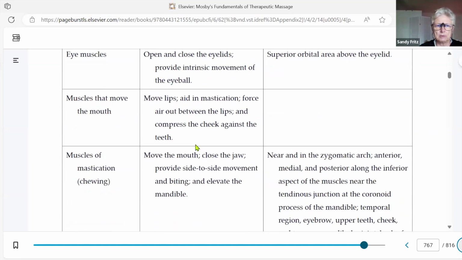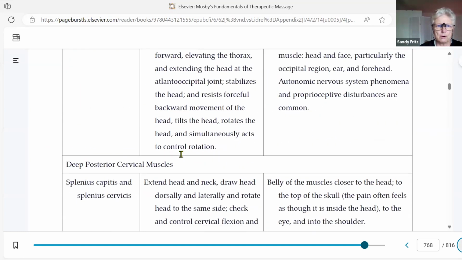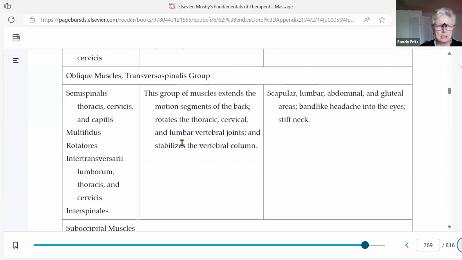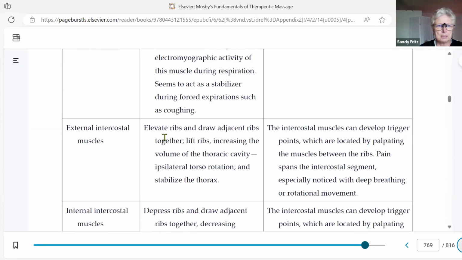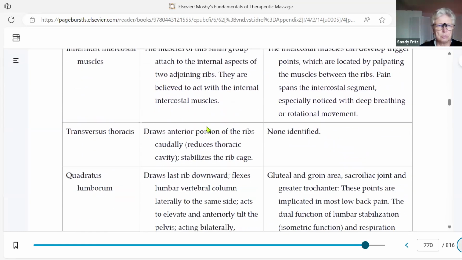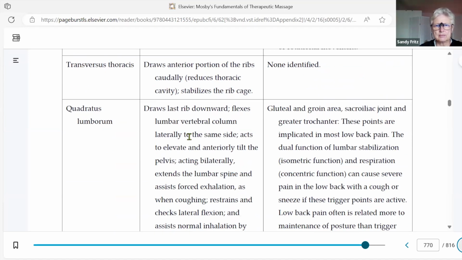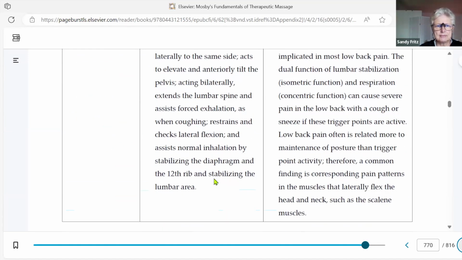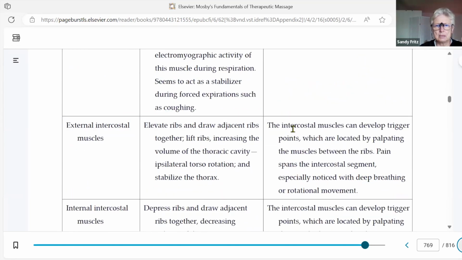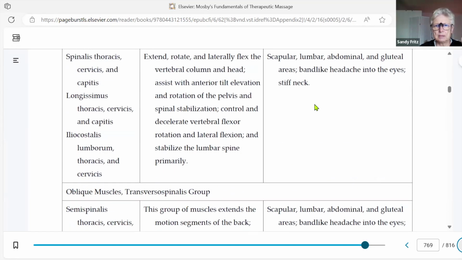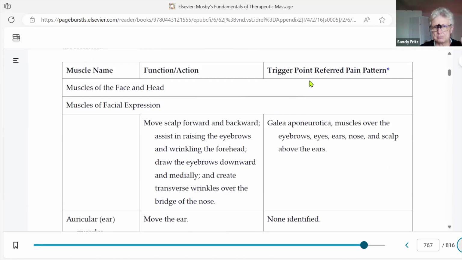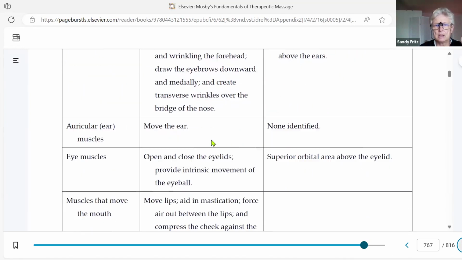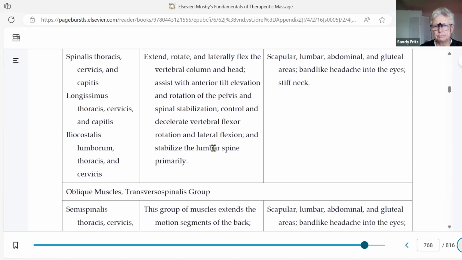And then it goes down through in chart form. So here's quadratus lumborum, and it tells you what it does. And then the other column is the common symptom, if it's creating symptoms, trigger point, referred pain pattern. So this is really helpful.